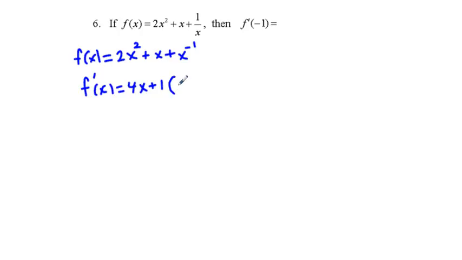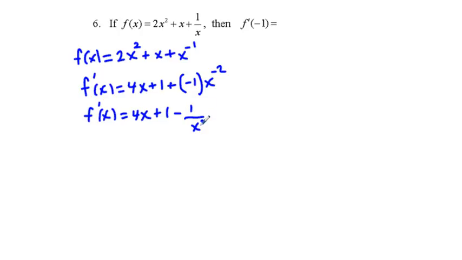So we're going to have plus negative 1 times x to the negative 2 power. And that's going to be equal to 4x plus 1 minus 1 over x squared.